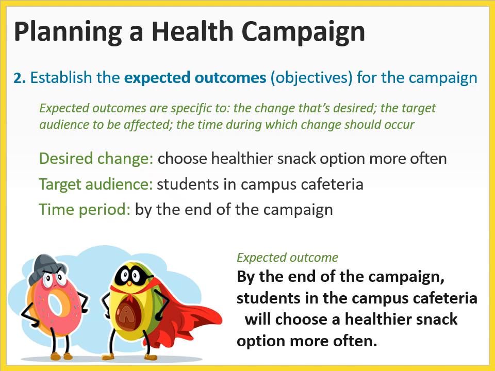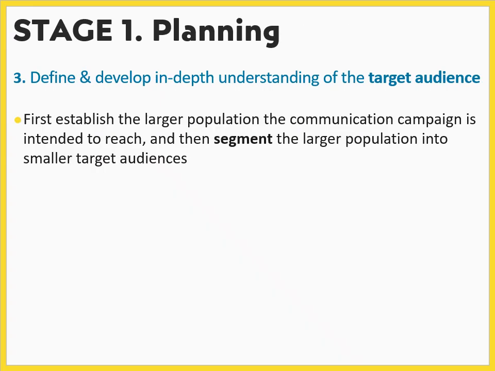Okay, so now we'll move on to the third step of planning a health communication campaign. In step 3, you define and develop an in-depth understanding of the target audience. To do this, you first establish the larger population that the communication campaign is intended to reach, and then you segment that larger population into smaller target audiences.